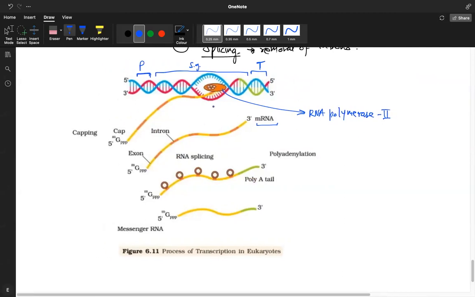Yes, sir, 2. And you see these small flower-like dot things? These are initiation factors. Can you see they are multiple here? Or elongation factors, but these are proteins. So RNA polymerase binding proteins.